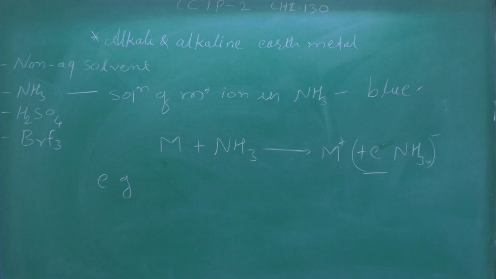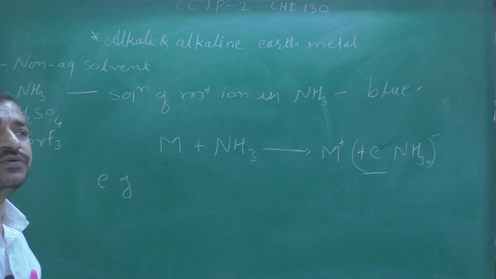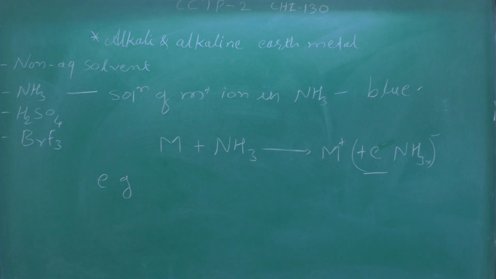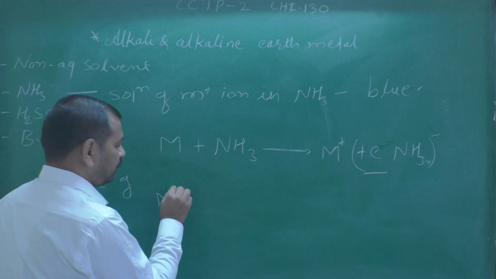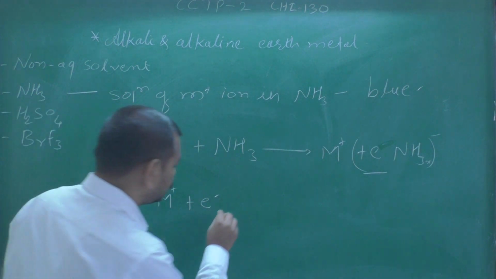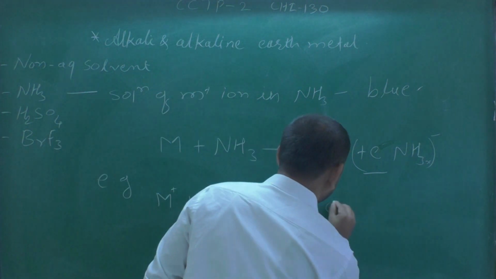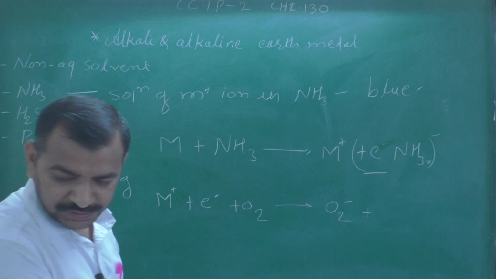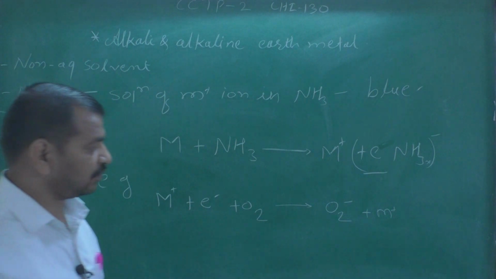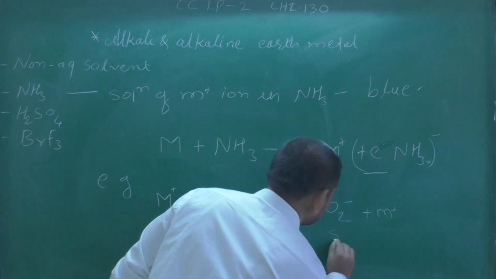First one electron is utilized to form a superoxide: metal plus electron plus O2 gives superoxide O2 minus plus M plus. It is a superoxide.